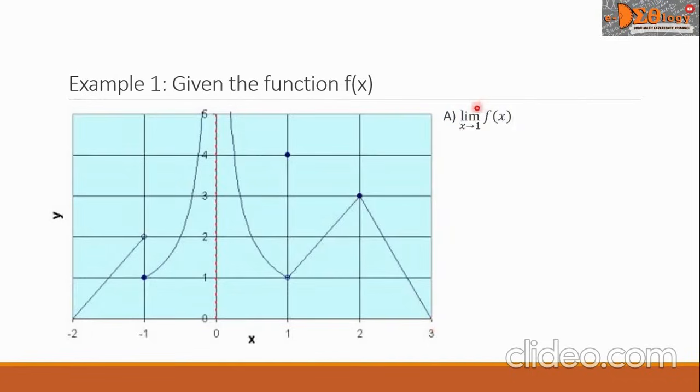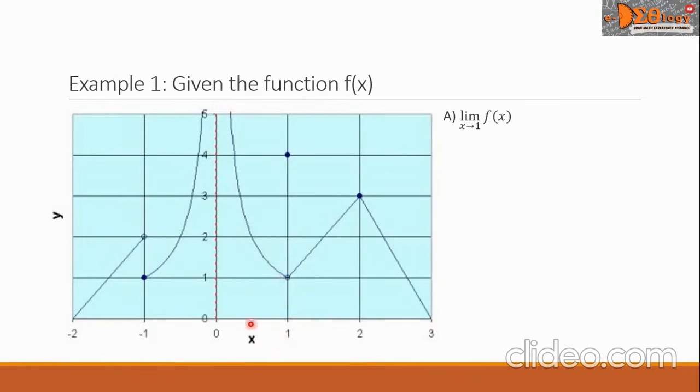So let us have the limit of f of x as x approaches 1. This is our x-axis. The number 1 value is here. So when x approaches 1, let us observe where is the height of the graph. We can see that the graph is coming to a point to that y value when x value is coming to 1.